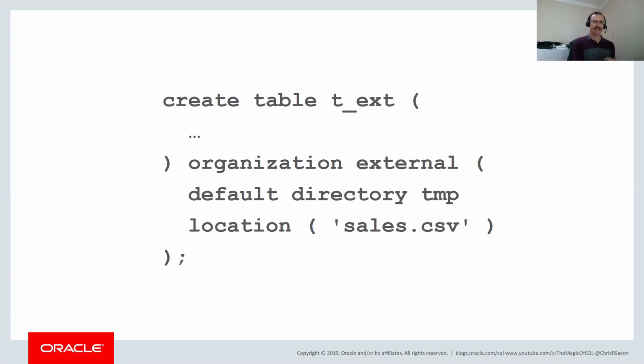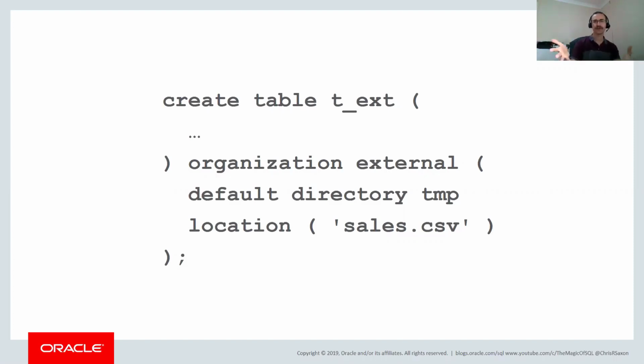As I say, external tables are a great way to use the power of SQL to read these files into your database. Quite often you use external tables to read files into your database when you do data warehouse loads. You get files from all sorts of places. People export them, and you've got to load them into your database to merge with your other data.